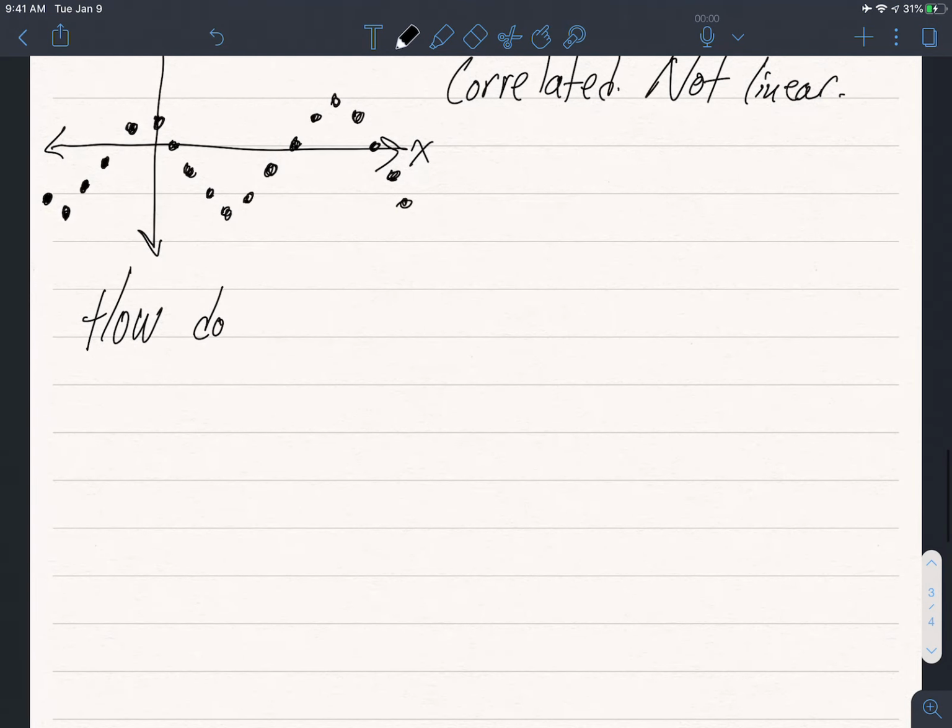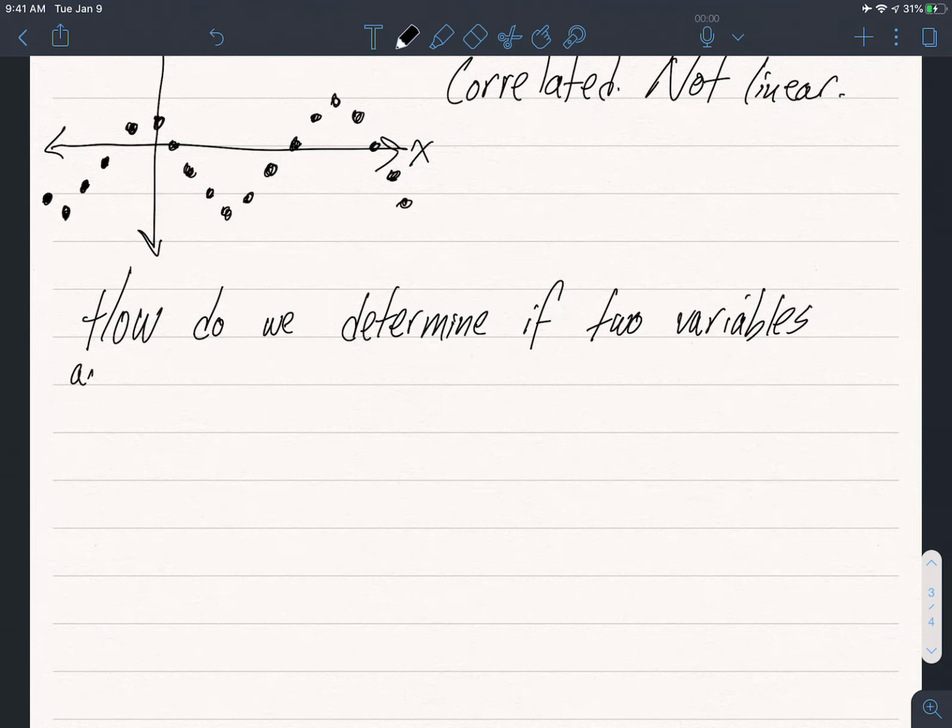How do we determine if two variables are correlated? Well, first thing we need to learn about is something called the Pearson correlation coefficient.